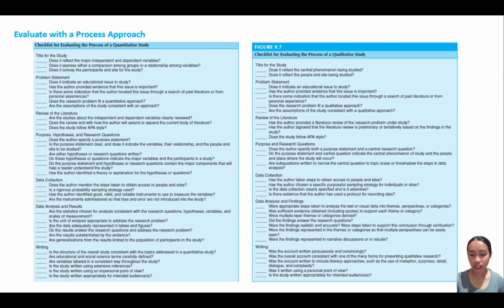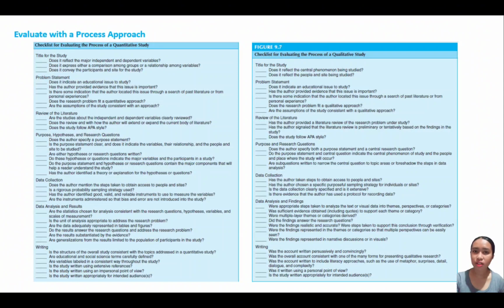So in figure 9.6, when evaluating the process of a quantitative study, there is a comprehensive checklist to ensure thoroughness and accuracy, which we can see here in the next slide.